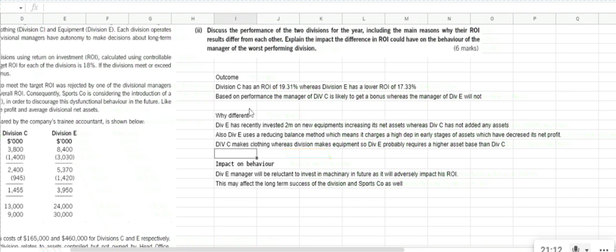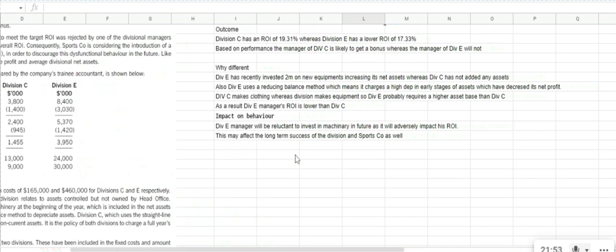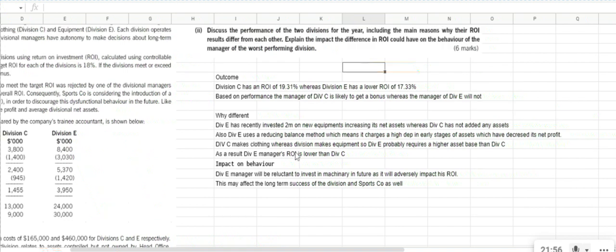So let's add one line over here: as a result, Division E manager's ROI is lower than Division C. So that should be enough for us to discuss.